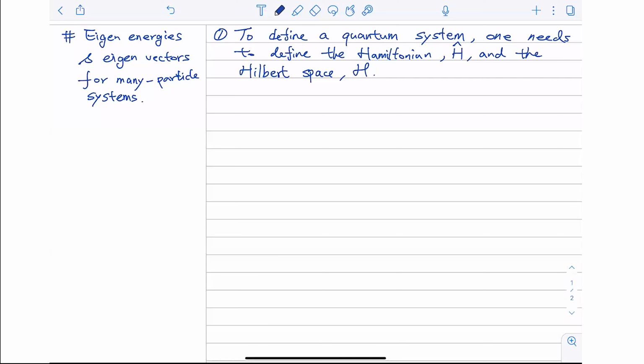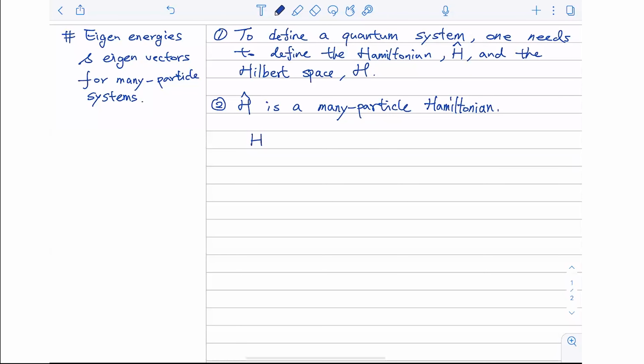So a lot of time we focus on the definition of the Hamiltonian, but actually understanding the structure of the Hilbert space is also very important. Since we are discussing a many particle system, the Hamiltonian H is a many particle Hamiltonian.